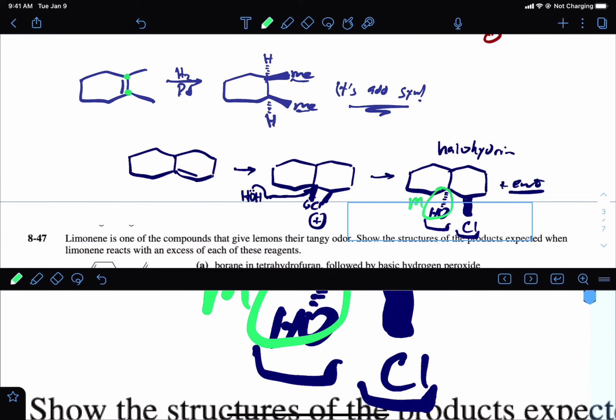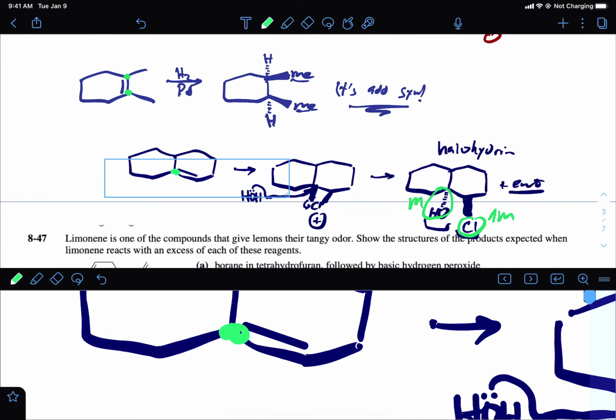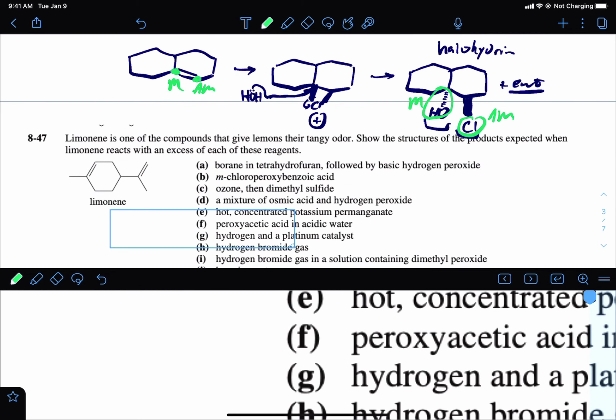The chlorine is anti-Markovnikov. Okay, our original positions, Markovnikov, anti-Markovnikov. Okay, this is the same type of stuff.